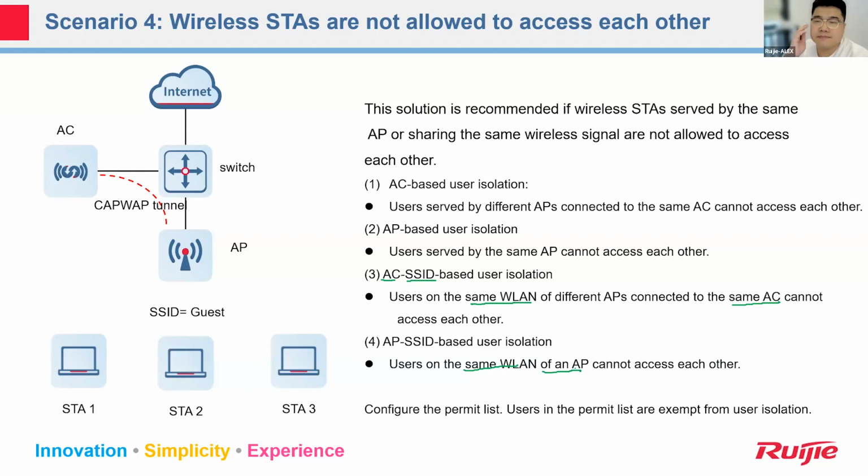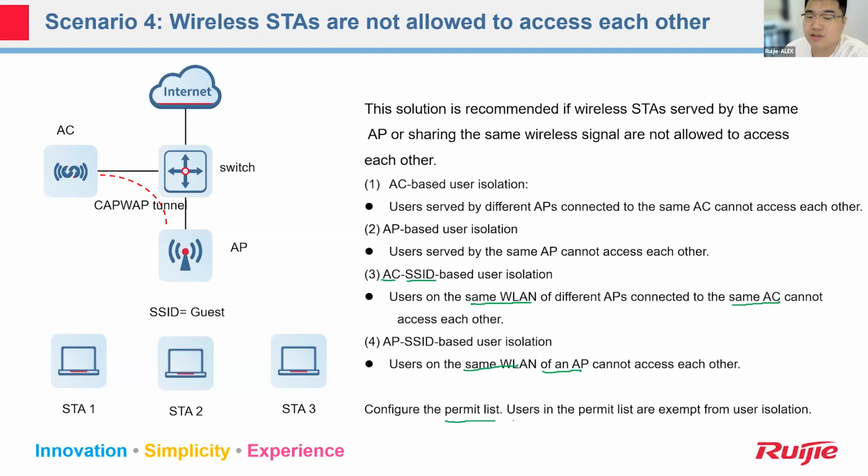So we have different types of user isolation, and you should determine which type you prefer in your network based on the network architecture. Once we enable user isolation, all the users associated with this WLAN are isolated. But if we have special requirements, for example, if one or some of these users should not be isolated, there is another function, the permit list.